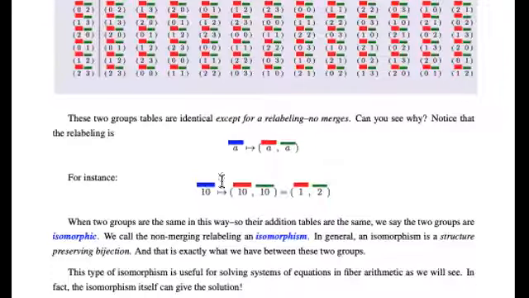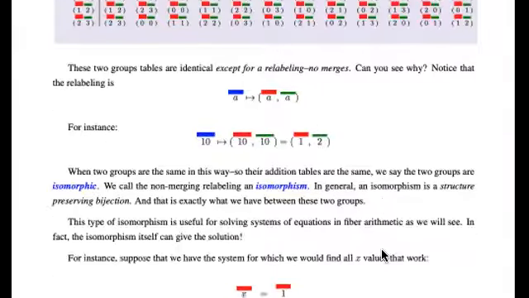Throwing under another bar is like just modding out more, and modding out more than what you had before preserves addition, and the addition here is really just component-wise anyhow. So it preserves the group operation and the group structure. And since it's a bijection, we call it an isomorphism. An isomorphism is a bijection that preserves structure. Okay.